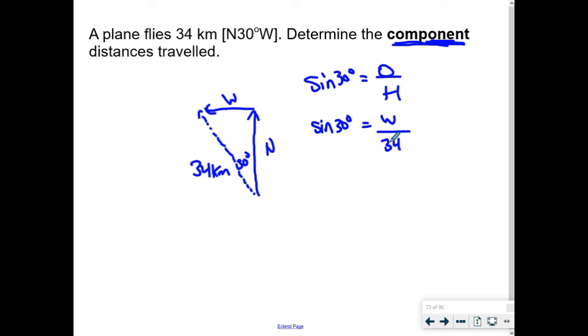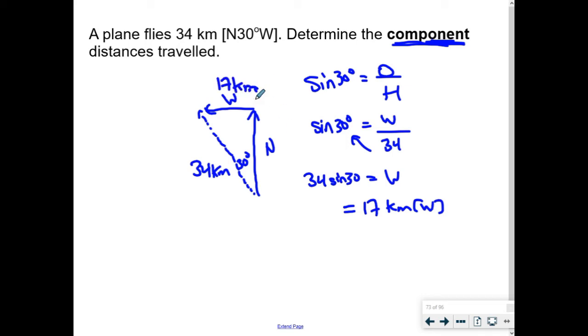So if you kind of understand how to manipulate this, if you times the 34 up to the other side, 34 sine 30 will be equal to your west component. So if I type that in, 34 sine 30, I end up getting 17. Which means you must have gone 17 kilometers in the west direction. That must be how much this side right here is.